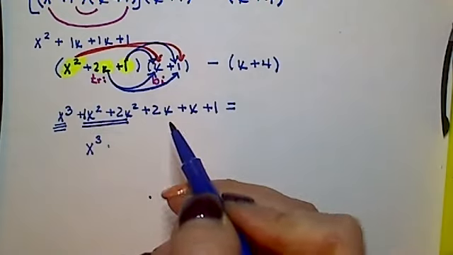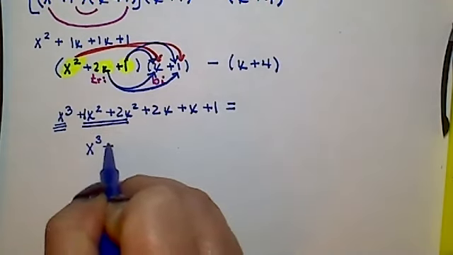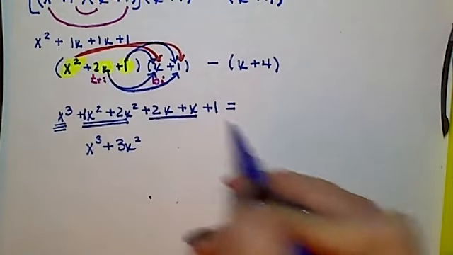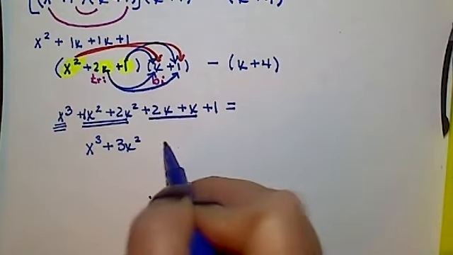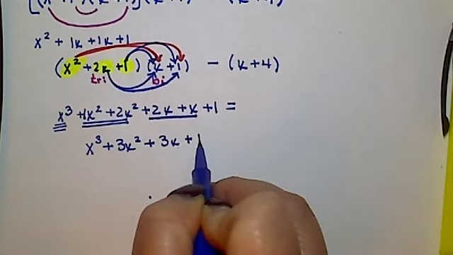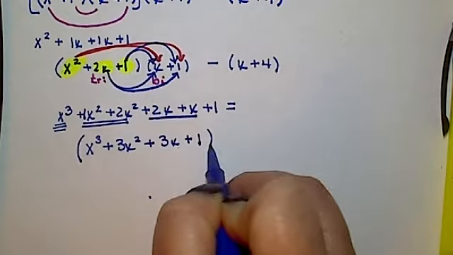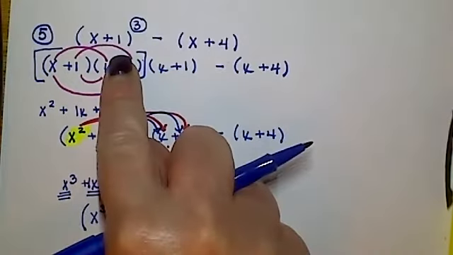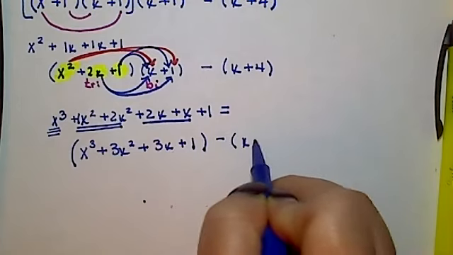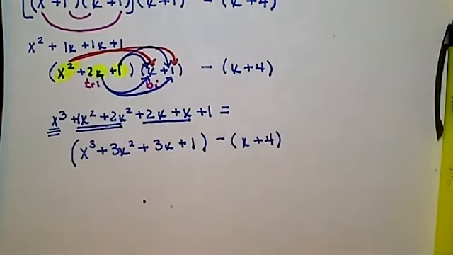1x squared plus 2x squared is 3x squared. Then we have our linear. 2x plus 1x is 3x. And then 1. Now, all that came from x plus 1 to the third. We still have to subtract the x plus 4.